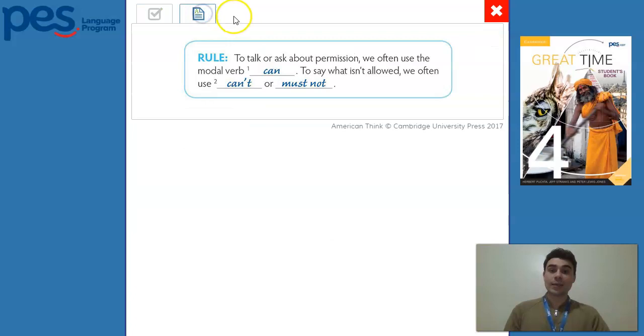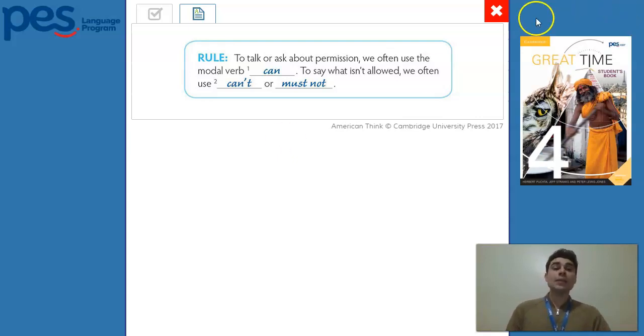So let's go back again to the rule once more so that we really internalize the concept. To talk or ask about permission, we use the modal verb can, and to say what isn't allowed or what isn't permitted, we often use can't or must not.